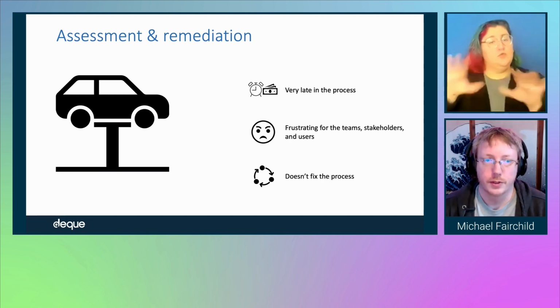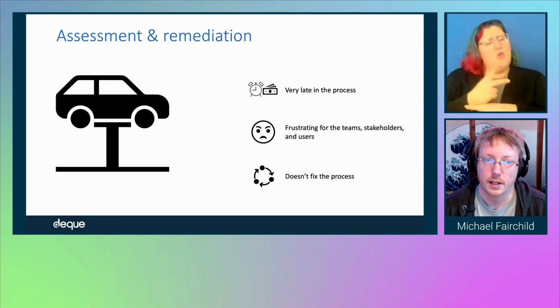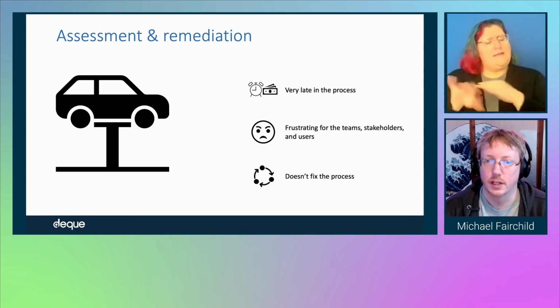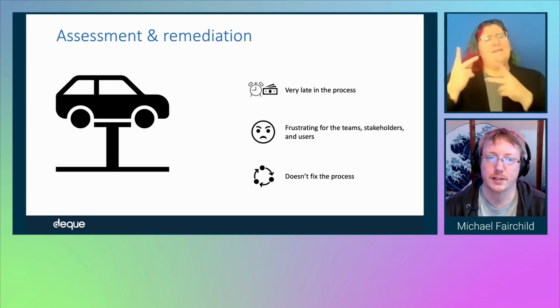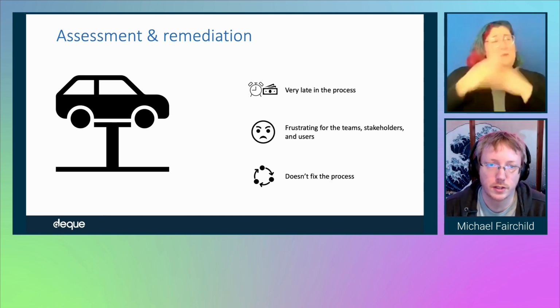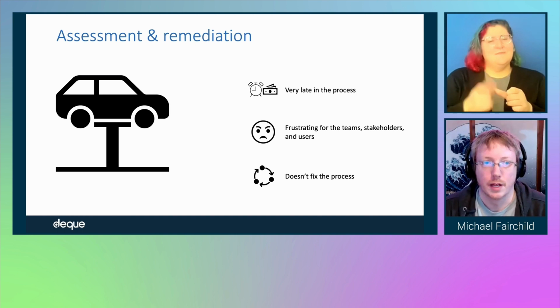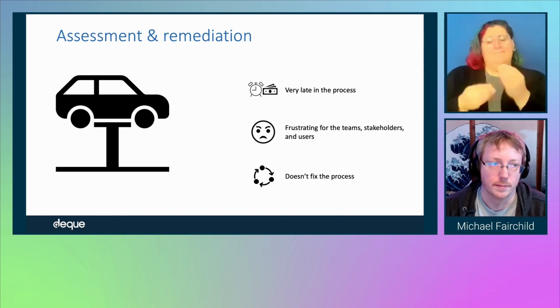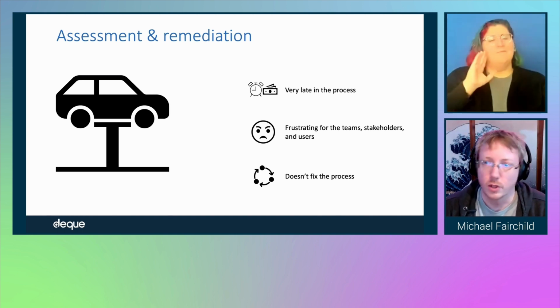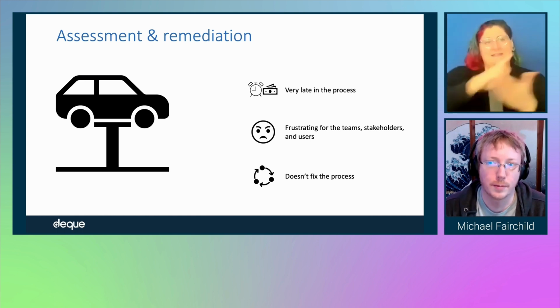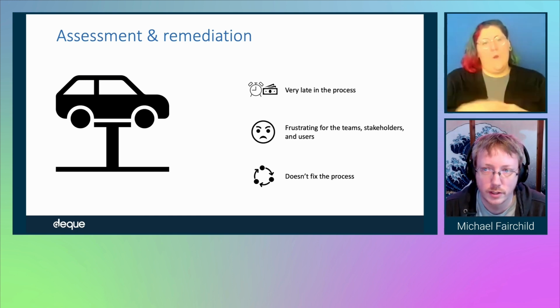The client quickly realized that this is not very sustainable, because the assessment and remediation has to happen very late in the development process. It has to happen after the design is made, after the code is written. Usually it happens after the software is already deployed and released.